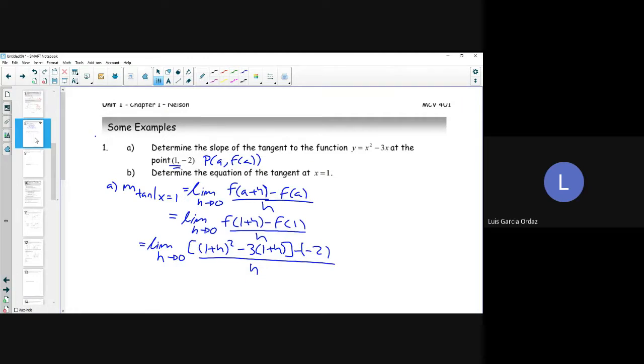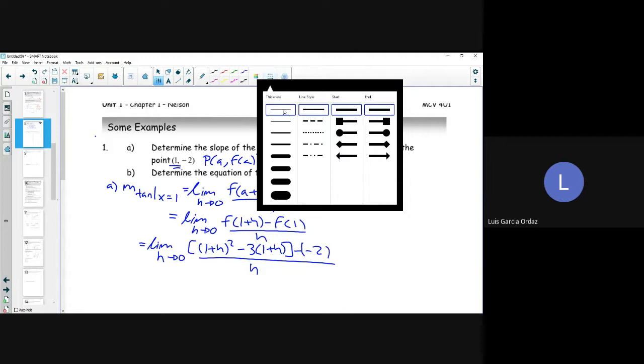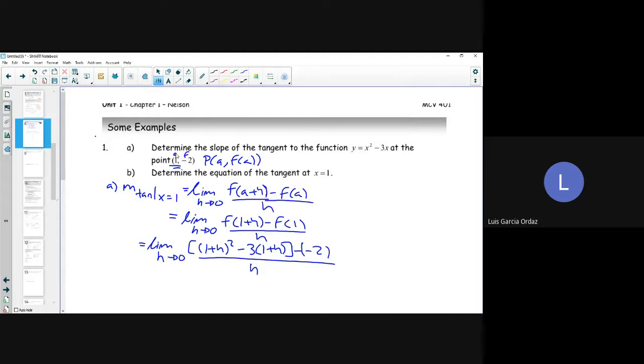Here my x value is my A value, and this is my f of A. That's why I was able to sub in the 1 for A.